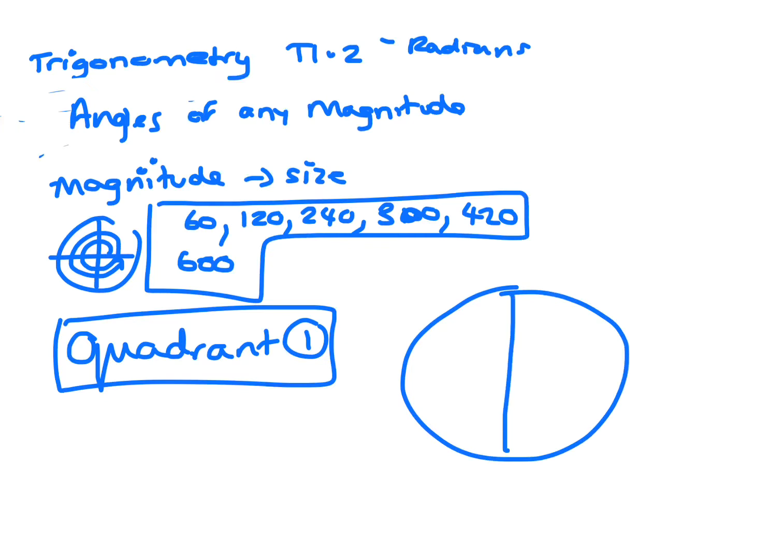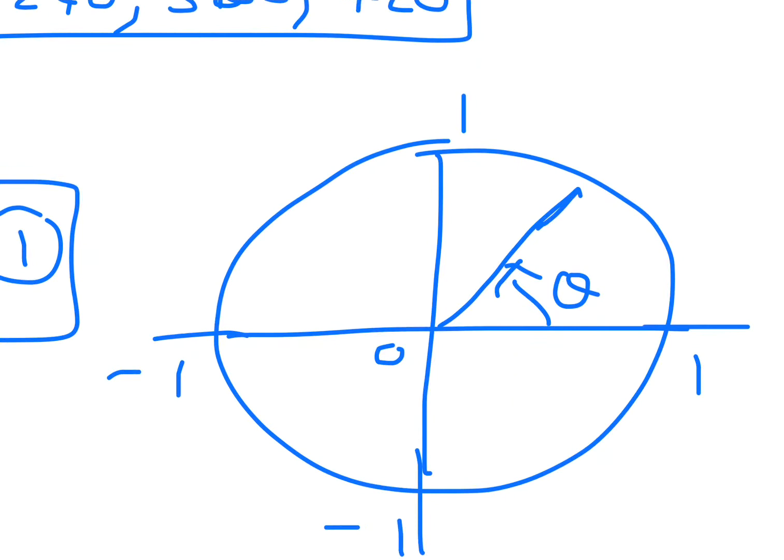So if we base this once again on a unit circle, that just means that the radius is 1. And if we look in quadrant 1, we just call that angle theta there. So when we look at this triangle here, we draw a right angle triangle. That's the y value, that's the x value.